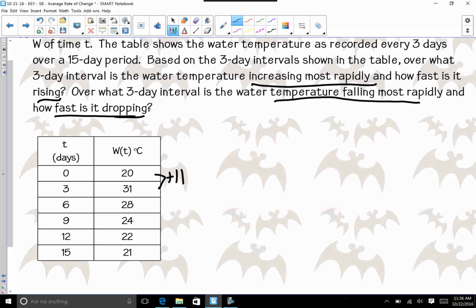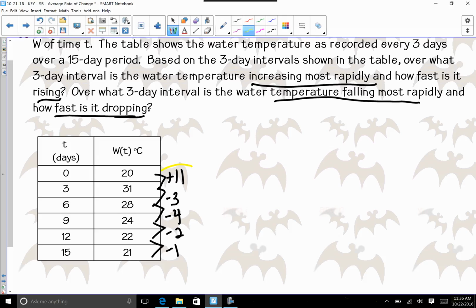Then from day 3 to day 6, we went from 31 to 28. So that's a decrease of 3 degrees. 28 to 24 is a decrease of 4. 24 to 22 is a decrease of 2, and 22 to 21 is a decrease of 1. So I want to figure out which one is increasing the fastest and which is decreasing the fastest.